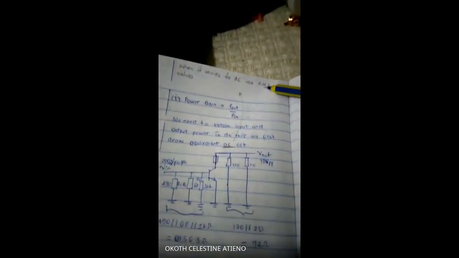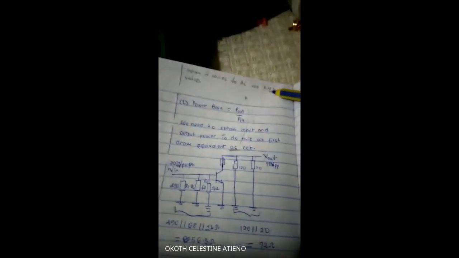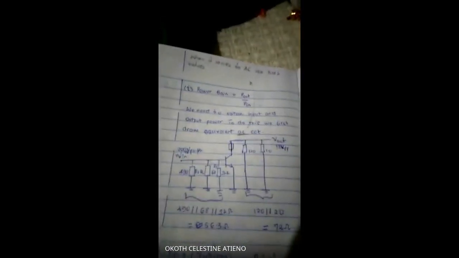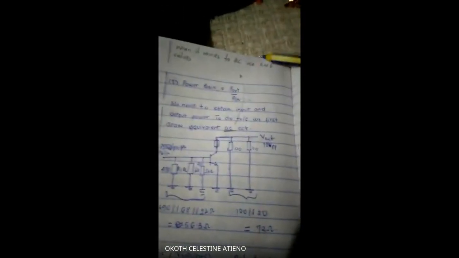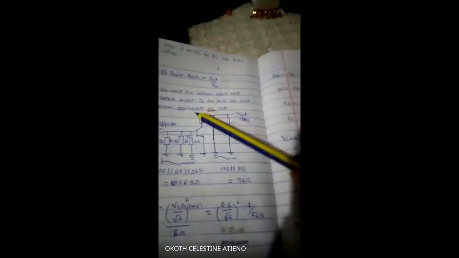Remember even in second year, the professor used to say AC power is V RMS times I RMS. So that is what we're going to use. This is the second note: make sure you use RMS values in AC. So we need to obtain input and output power.